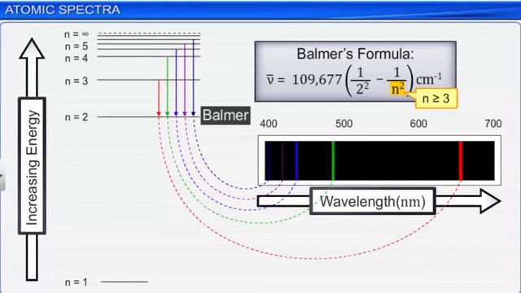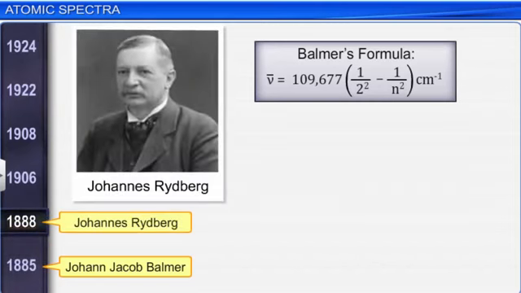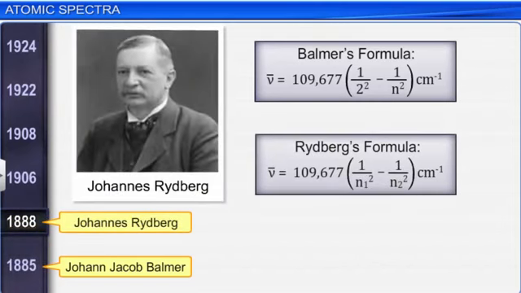Balmer's formula inspired the Swedish spectroscopist Johannes Rydberg to come up with a modified formula to describe all series of lines in the hydrogen spectrum. The equation may be written as wave number, nu bar, is equal to 109,677 multiplied by (1 divided by n1 squared minus 1 divided by n2 squared) per centimeter.